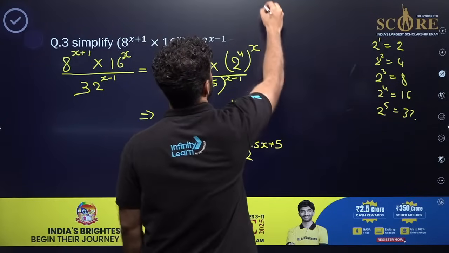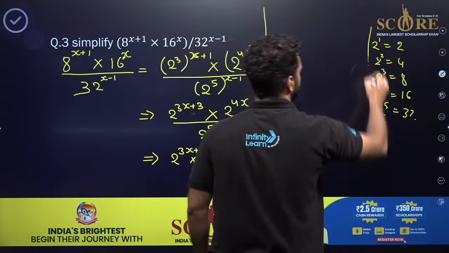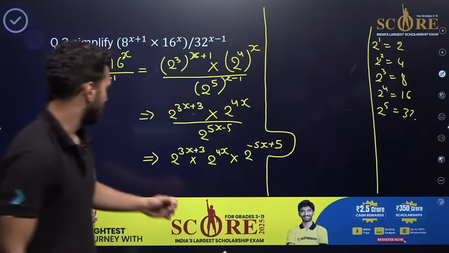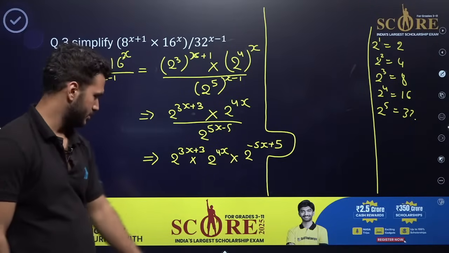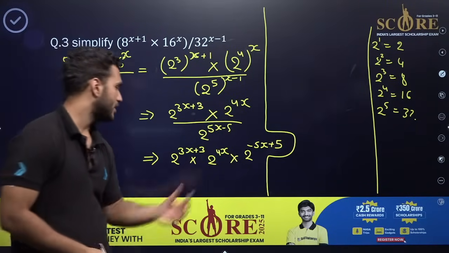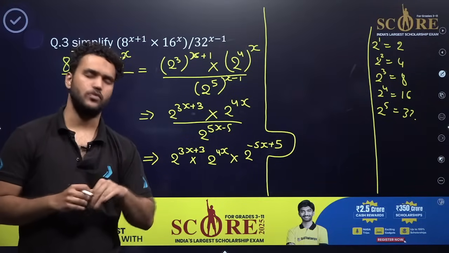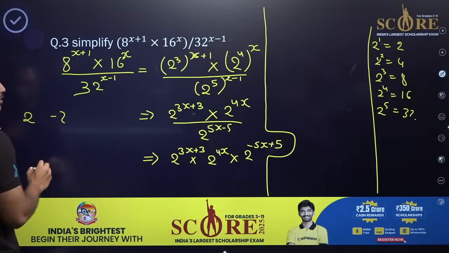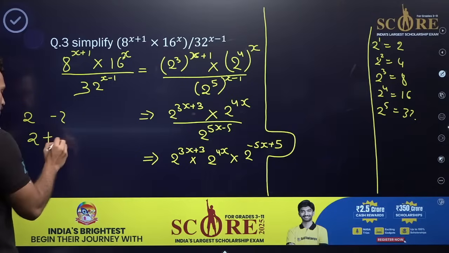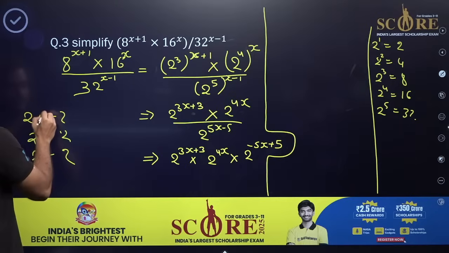Okay. Next. Now base is same, base is same, base is same. Powers get added. See, sir, addition doesn't mean you are doing 4x minus 5 and subtracting. No, addition means, if I ask you to add 2 and minus 2, what do you do for the addition?